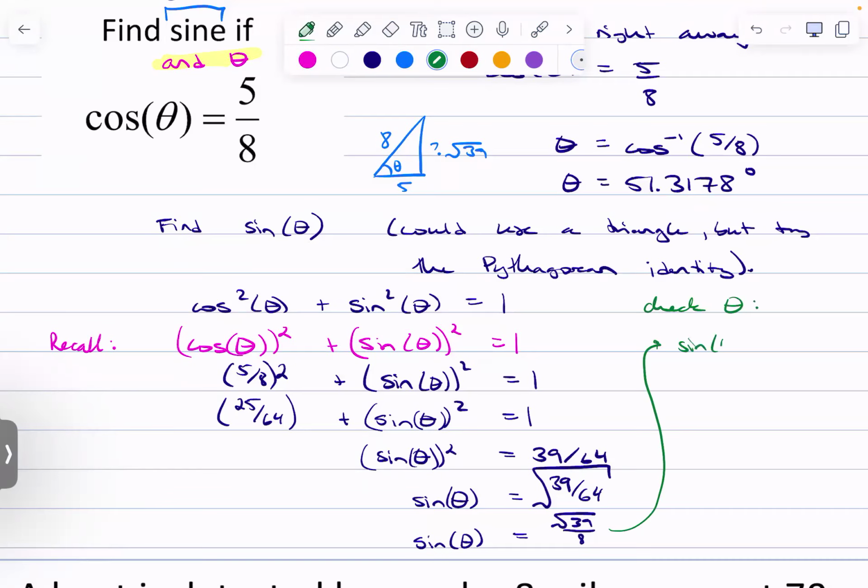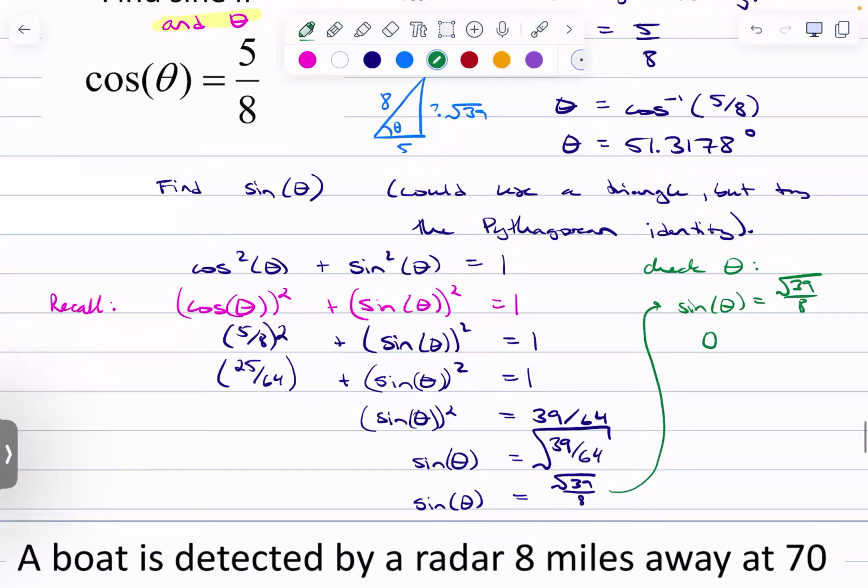If the sine of theta is the root of 39 over 8, then theta must be the inverse sine of the root of 39 over 8. 39 divided by 8, inverse sine of that guy.